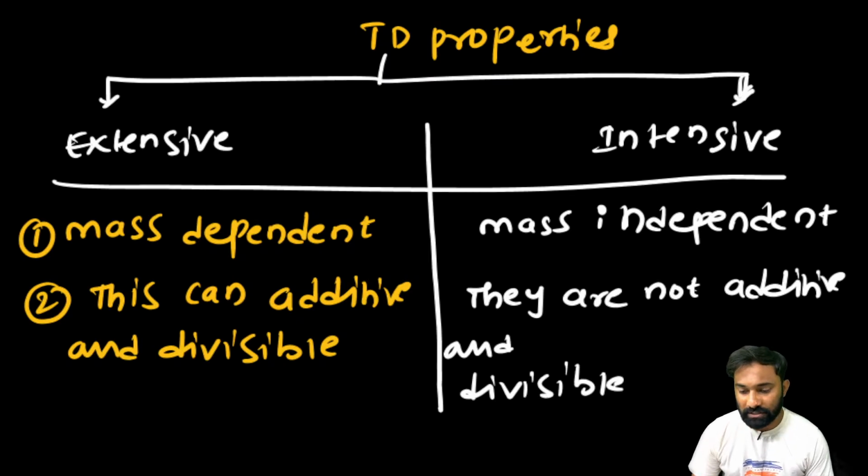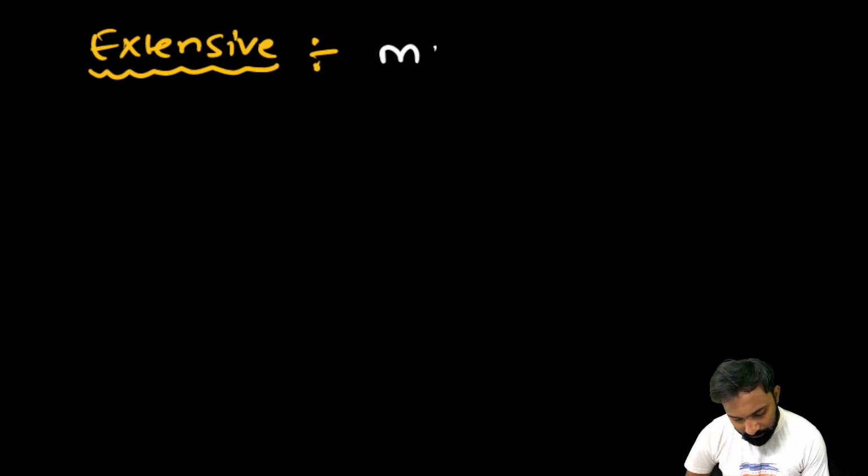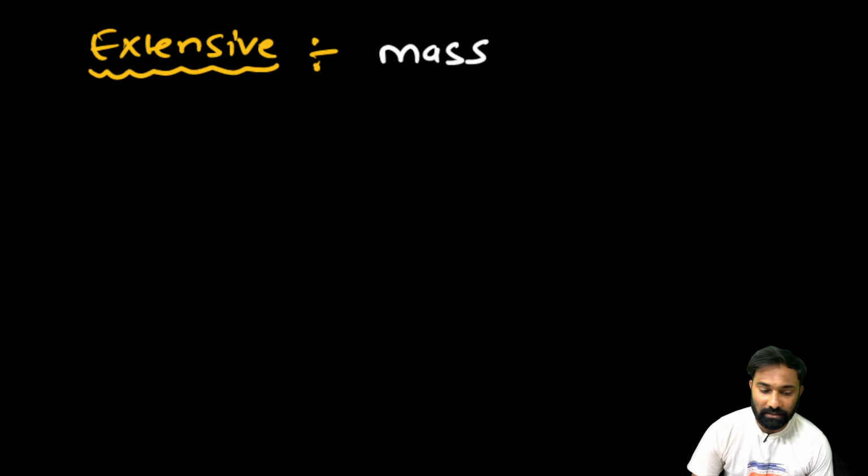Clear? Now we'll see what are the examples for the extensive property and what are the examples for the intensive property. These examples will play a very crucial role, my dear friends. You have to remember. Extensive property examples: first example is mass. Sir, how does mass come under the extensive property?